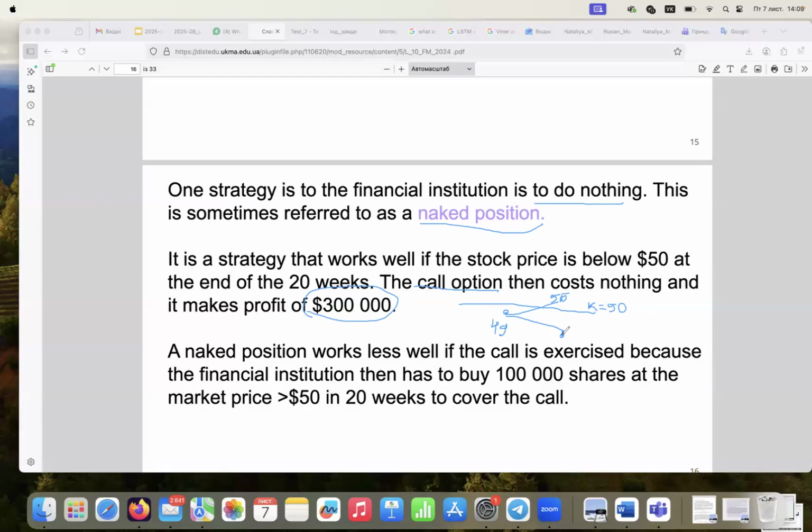And at the time of maturity, we see that this call option costs nothing. So all this money remains our money. Understand now? Okay, now understand.